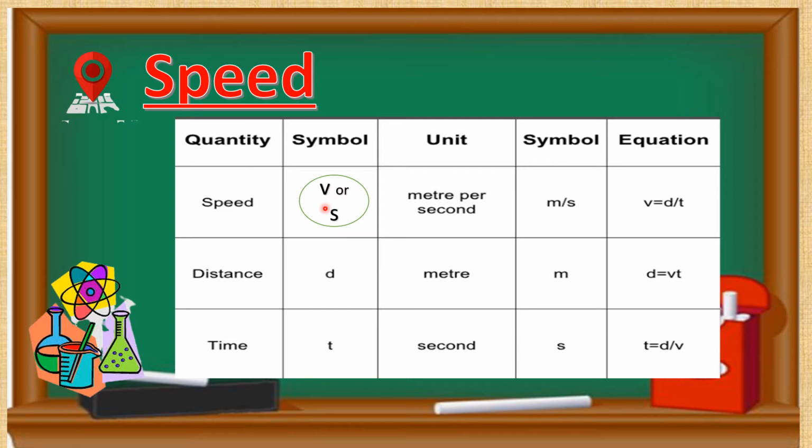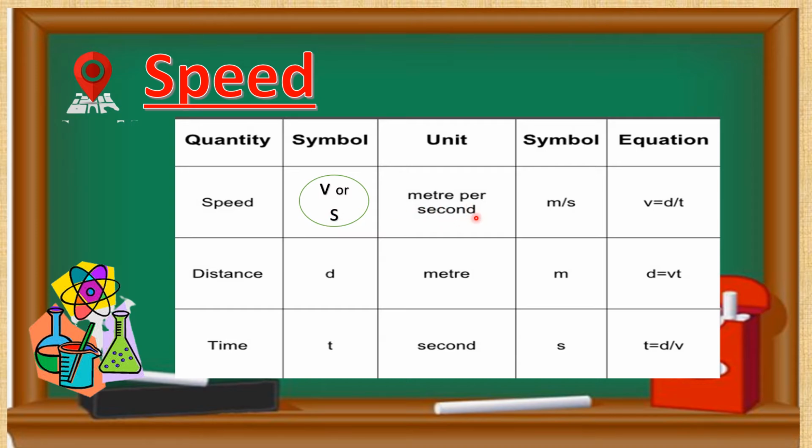So we have here the table: the quantity, the symbol, unit, symbol of the unit, and the equation. Again, quantity, symbol of that quantity, unit, symbol of that unit, and the equation. First here is speed. What is the symbol for speed? It's either V or S. The unit for speed is meter per second.